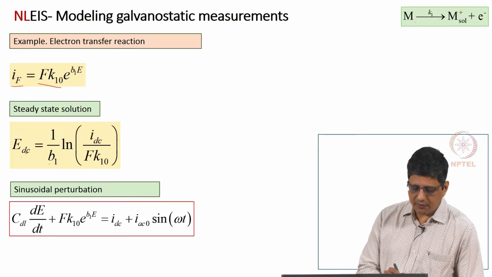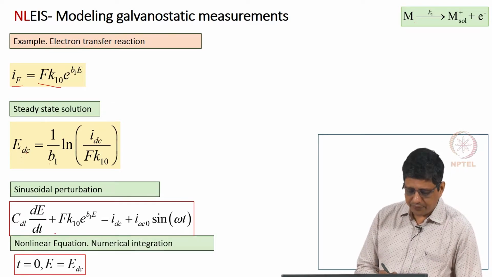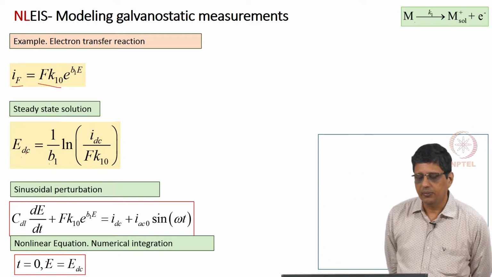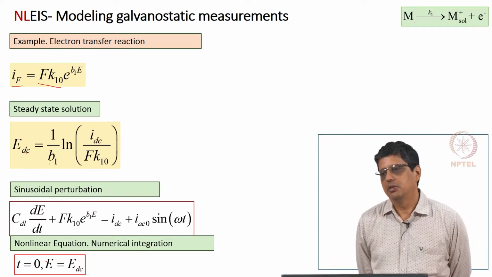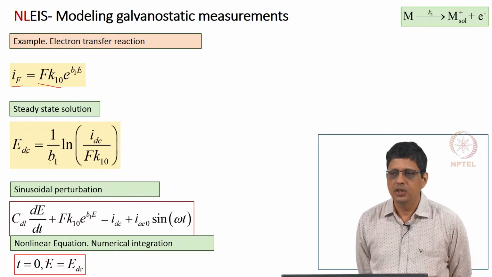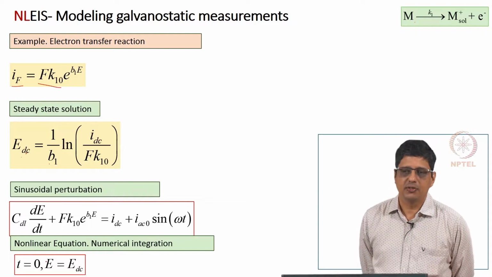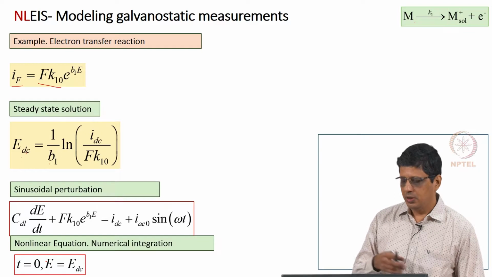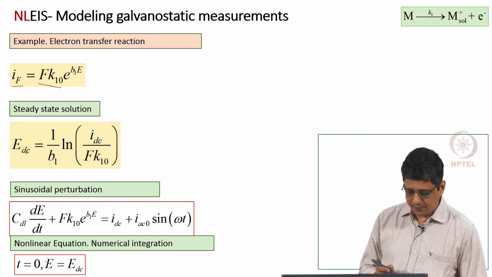The dependent variable is E, the independent variable is t, and at time t equals 0, the potential is EDC. It is a non-linear equation. We will have to use numerical integration to solve this, but it is fairly straightforward. You can use MATLAB solvers such as ODE45, ODE15s, or you can use any other programming language, or you can write your own solver.